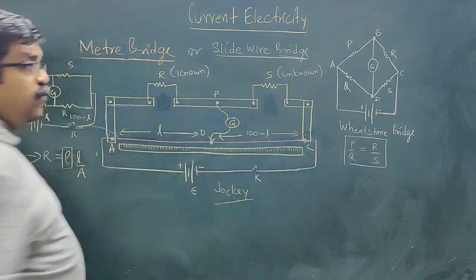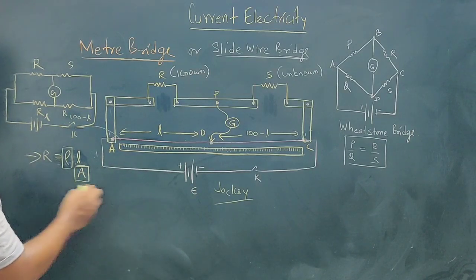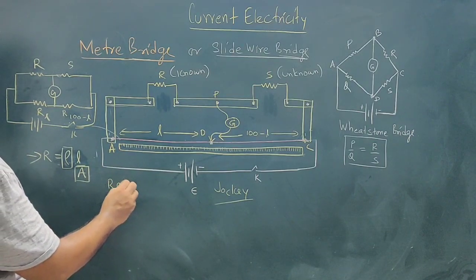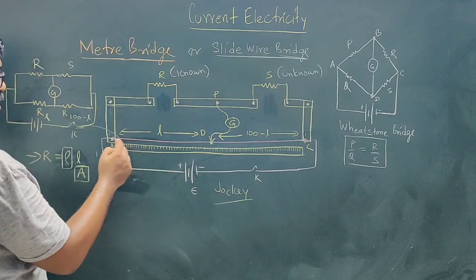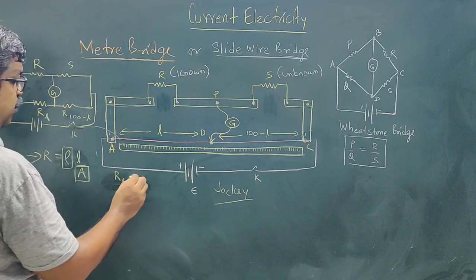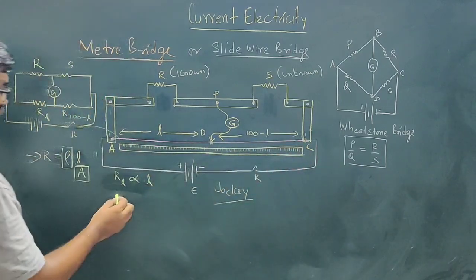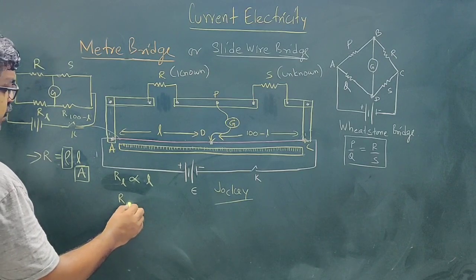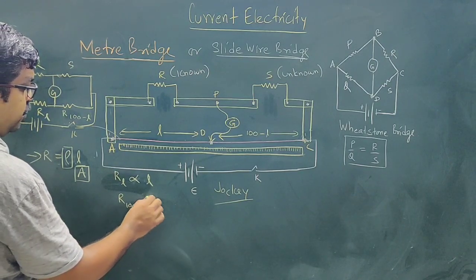This wire is of uniform cross-sectional area, so this area is also a constant. So I can say resistance is directly proportional to length. So the resistance of this part, RL, is proportional to length L, and the resistance of this part, R 100 minus L, is proportional to 100 minus L.